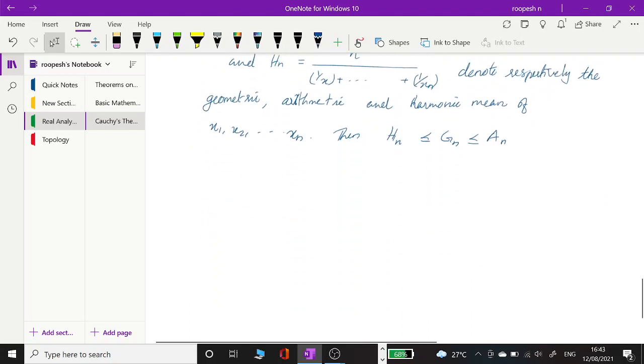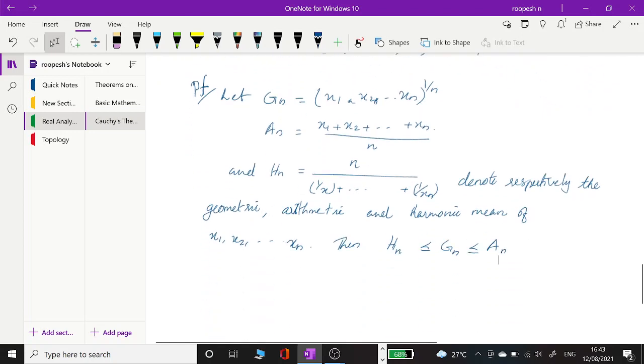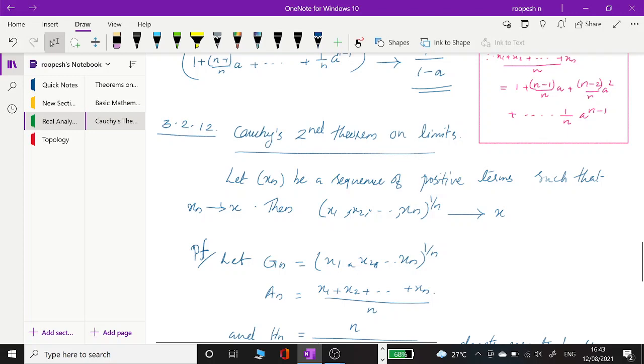Now our aim is to show that this Gn, that is x1, x2, x3, etc. xn raised to 1 by n. Previously I said that there is a comma, so there is no comma here. Okay, I'm writing x1, x2, etc. xn.